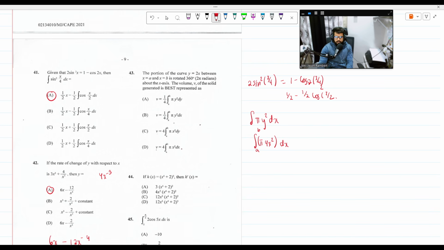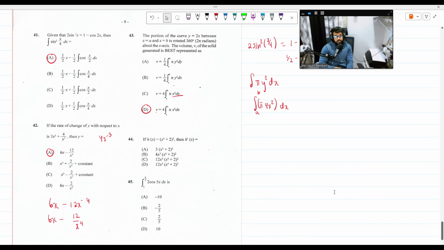It has to be with respect to x, so they just pull the 4 on the outside. So the answer for this is B. I'm sorry, D. I'm just double checking it here. I know it can be a quarter and a quarter, so it had to be either C or D. For C, it can't be x squared dy because you can't integrate x with respect to y, so it has to be D.